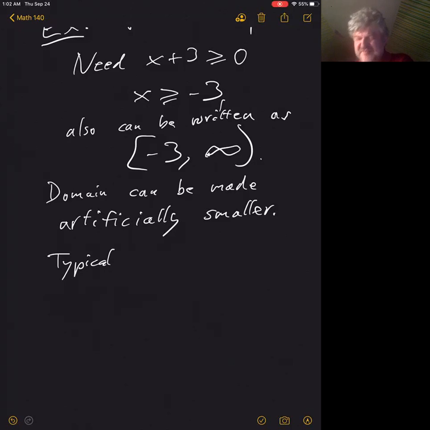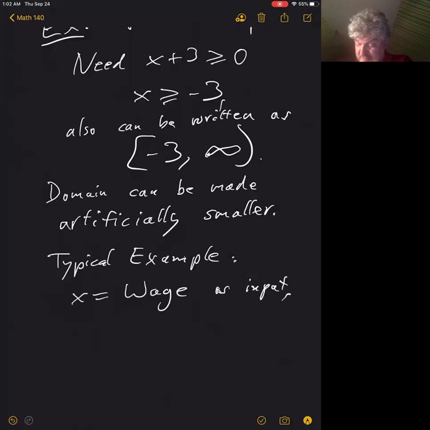But if it's wages, then your formula might well make sense for every possible value of x. But because of the minimum wage, there's a law, and that law says x is greater or equal to $7.25 per hour.